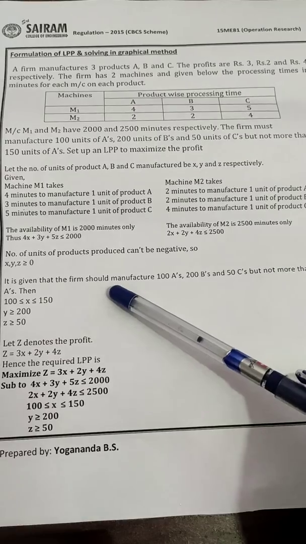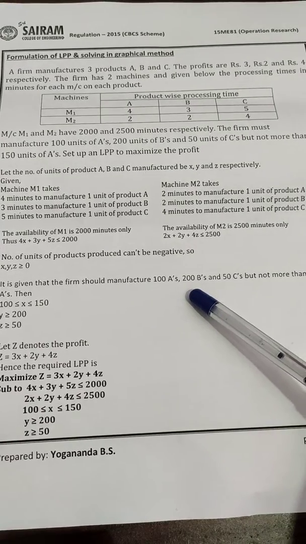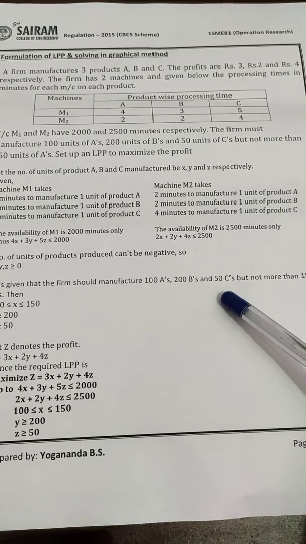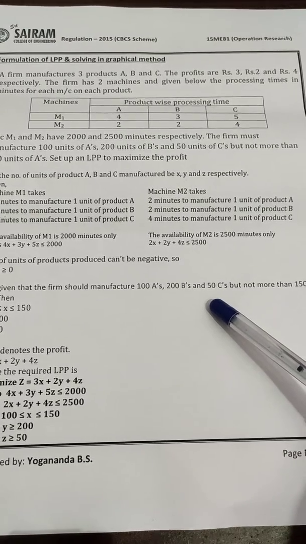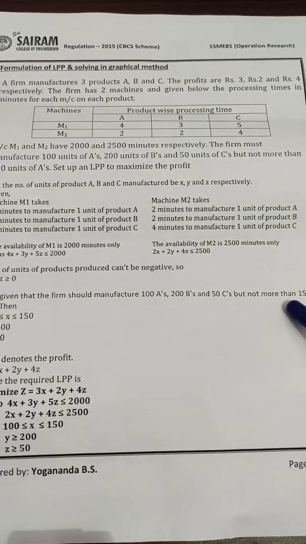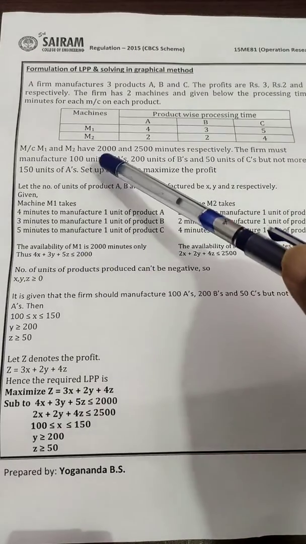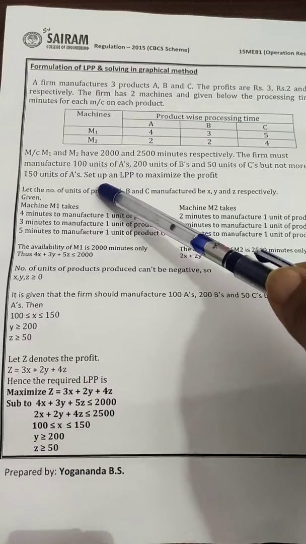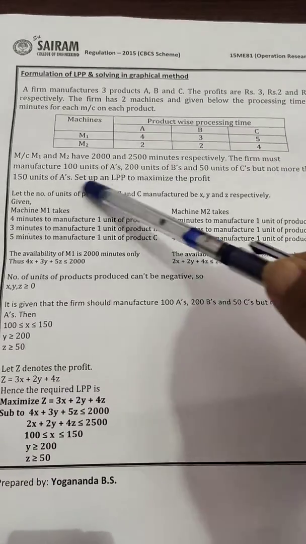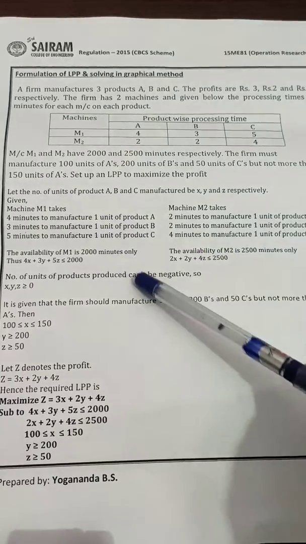So it is given that the firm should manufacture 100 units of A's, 200 units of B's and 50 units of C's, but not more than 150 units of A's, as stated in the problem.